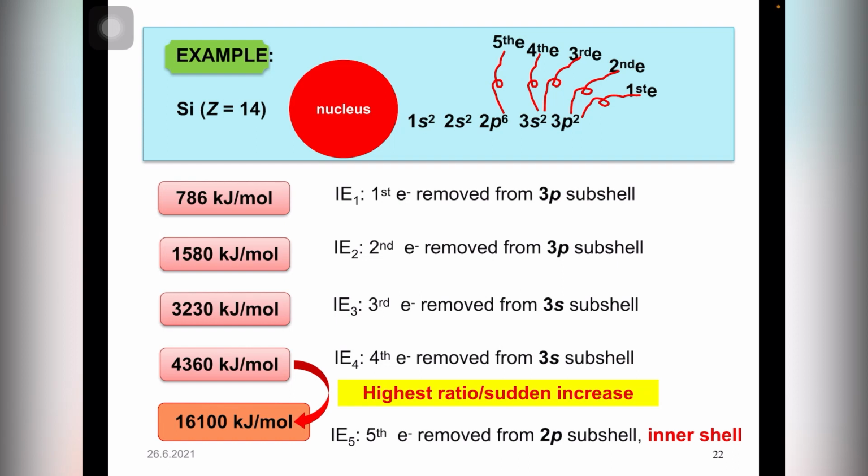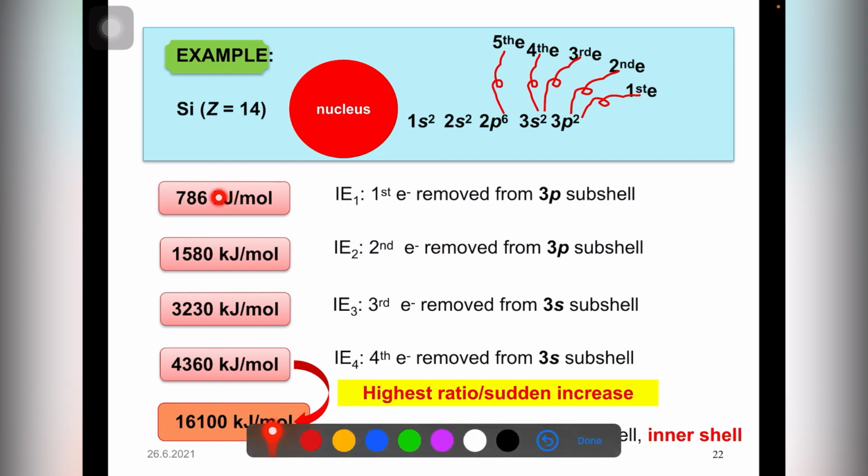So this energy is for the outer electron or valence electron. So it shows that it has 4 valence electrons, and the element is located in group 14, and then you can write the electronic configuration if it gives you the highest jump.